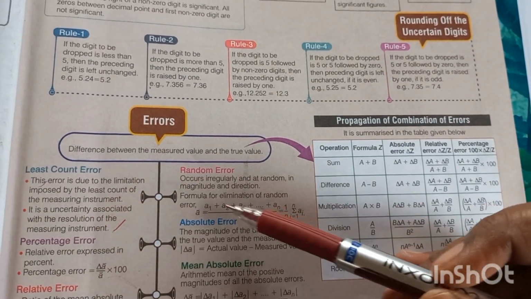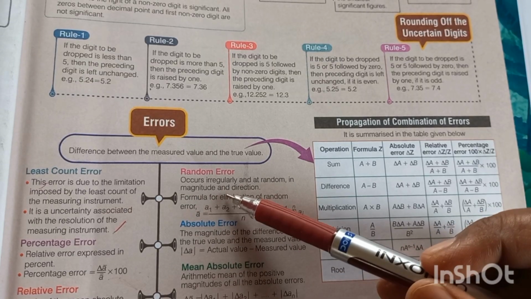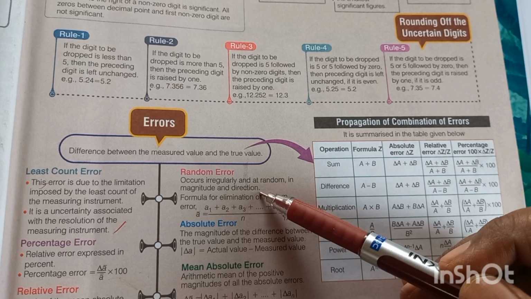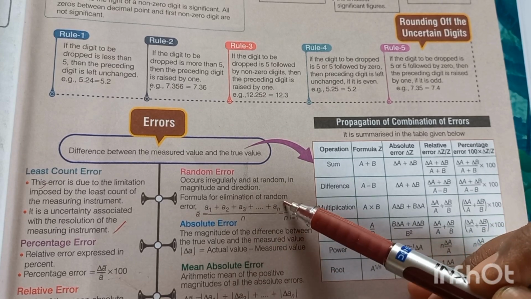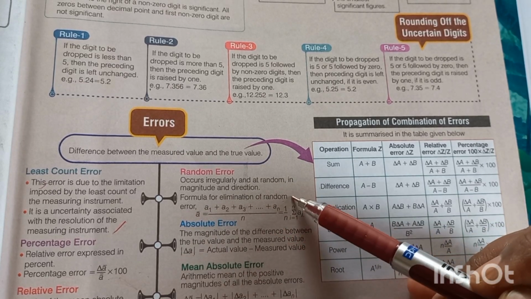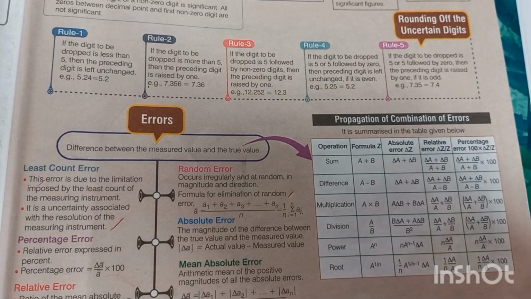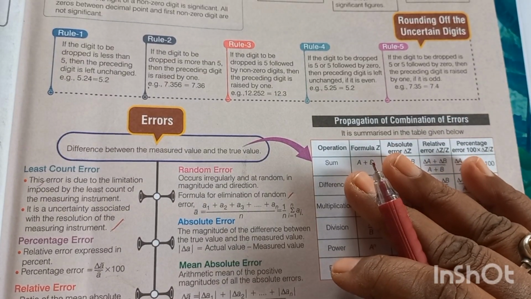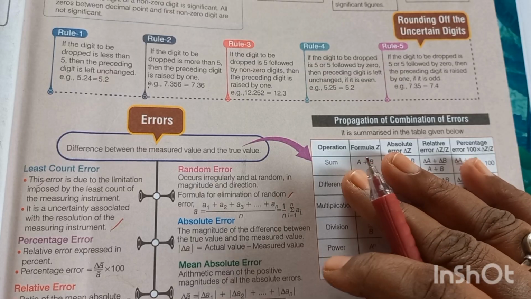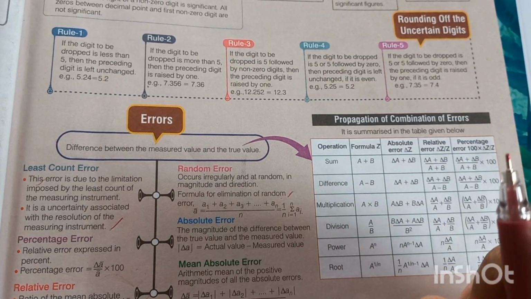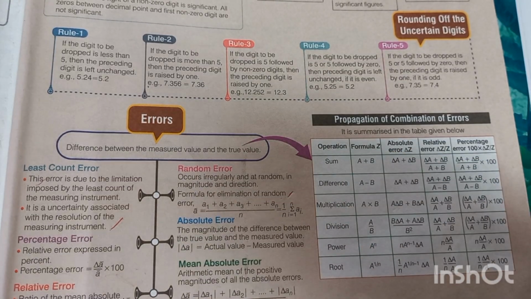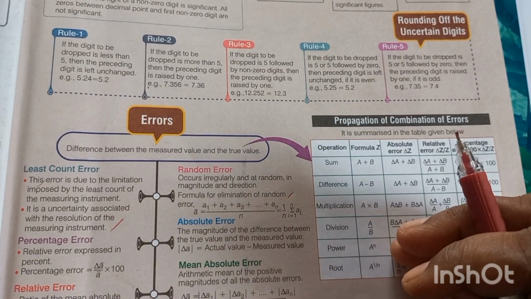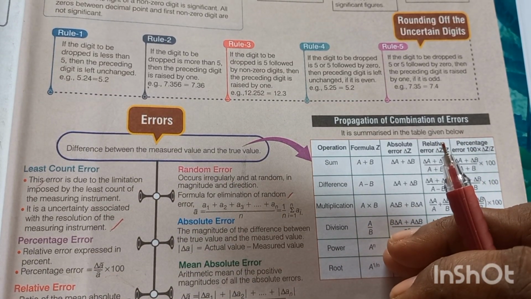Then random error. Random error occurs irregularly and at random in magnitude and direction. Random error means it is not constant at all. If you are performing an experiment, practicals are always done in a group, because the college will not give a single instrument to a single student.